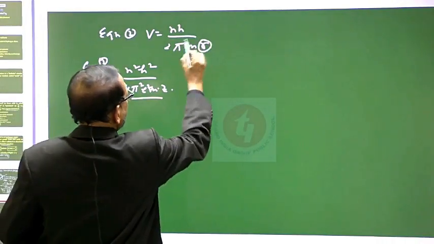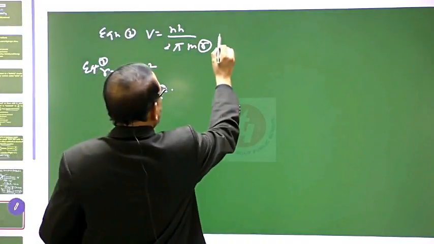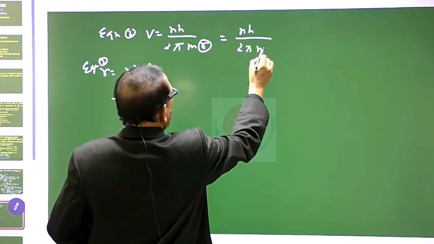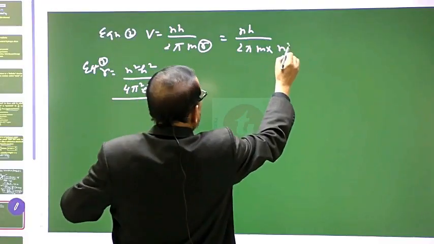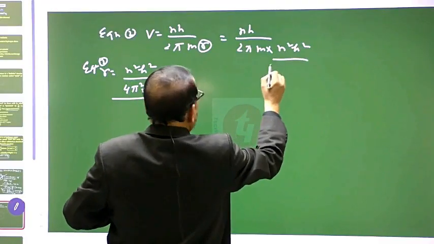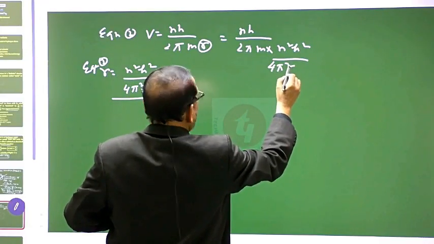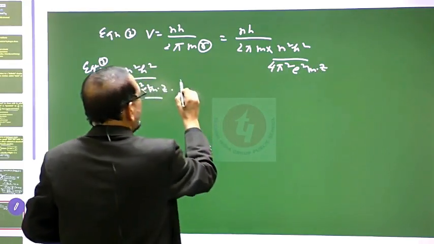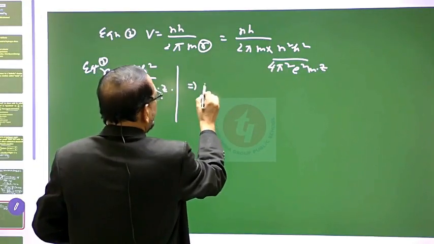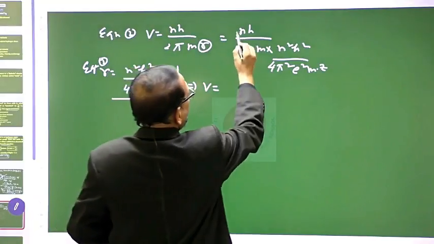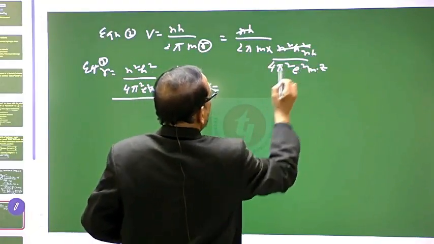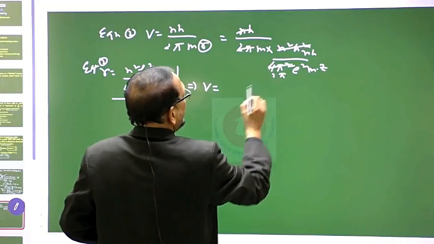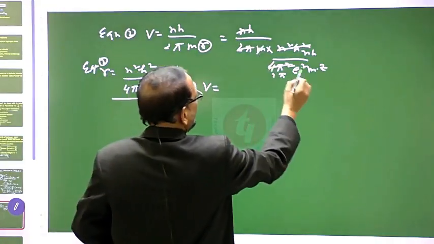Now putting this value of r over here, this is nh by 2 pi m into n square h square by 4 pi square e square m into Z. Now we can write v is equal to, you see the nh cancels out, 2 pi m will cancel out.